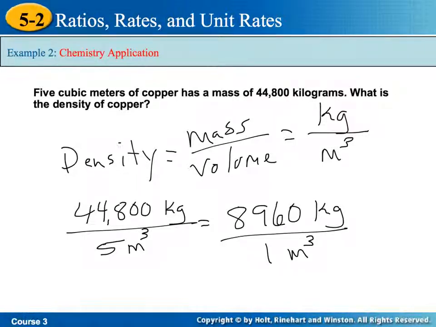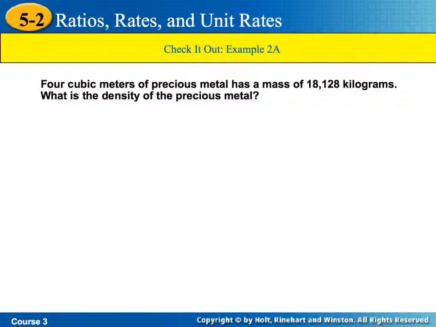Try this next one. All right, so try this one by yourself and solve. All right, so when we look at this, it says 4 cubic meters of precious metal has a mass of 18,128 kilograms. What is the density of the precious metal? Again, density equals mass over volume.